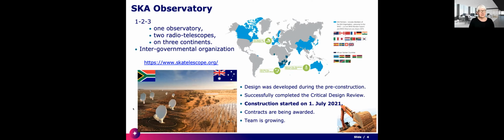The design for the telescope was developed during the pre-construction. We have successfully completed the critical design review, and on the 1st of July this year, the construction of the telescopes officially started. So it's a very exciting time for us. The contracts are being awarded, and our team is growing. If anyone is interested to contribute to this great project, please check our website.